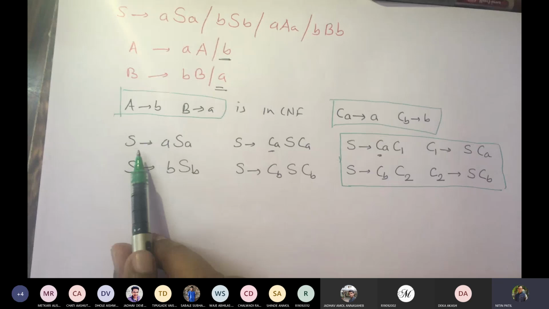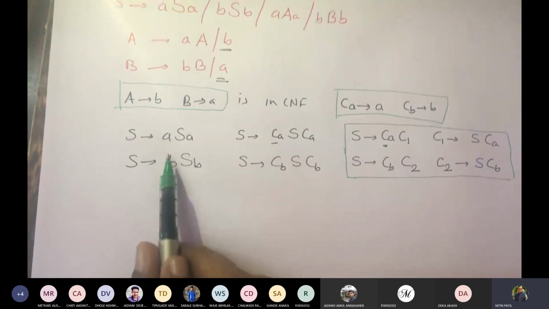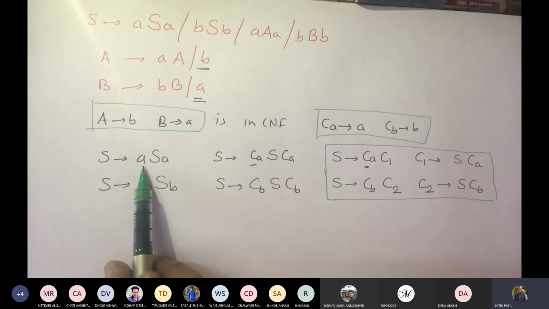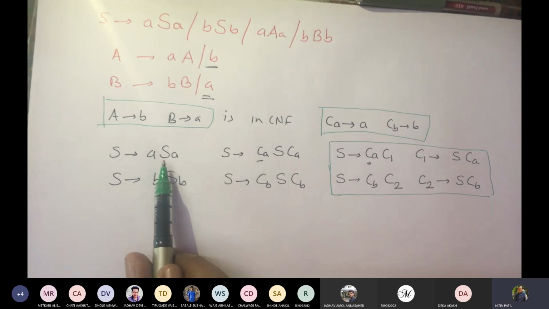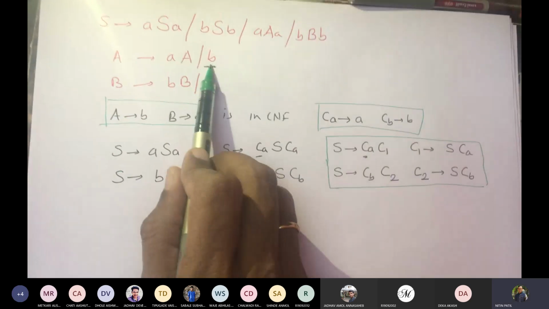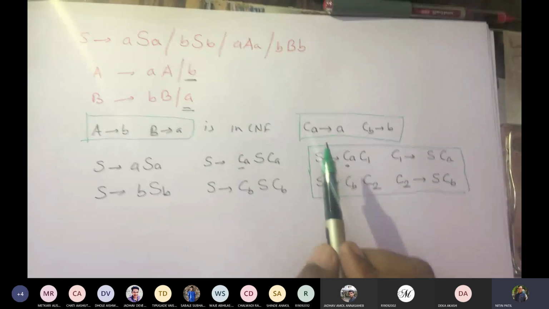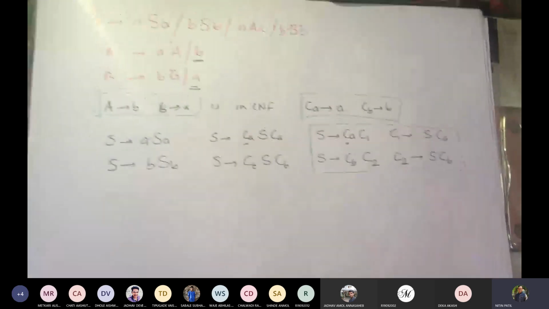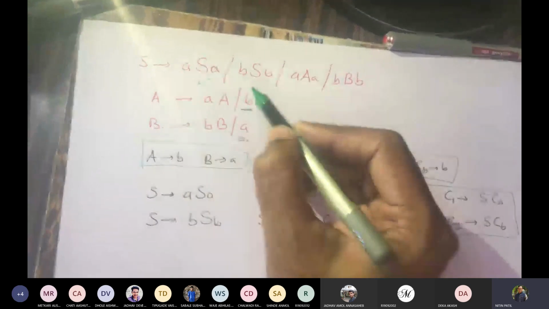We did this for each occurrence of a terminal on the right side that is along with more than one variable or terminal. If it is only one terminal, then we are not going to touch it. We will say that they are in CNF. So the things I marked with green are in the required form. Now what is remaining? We work with this.